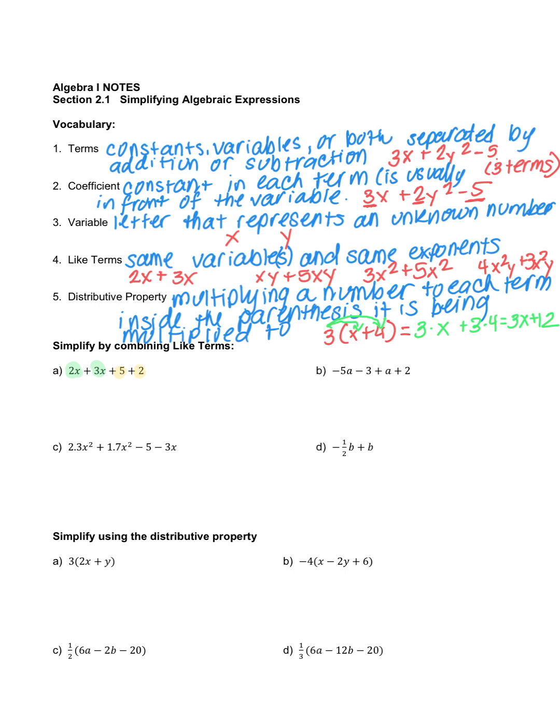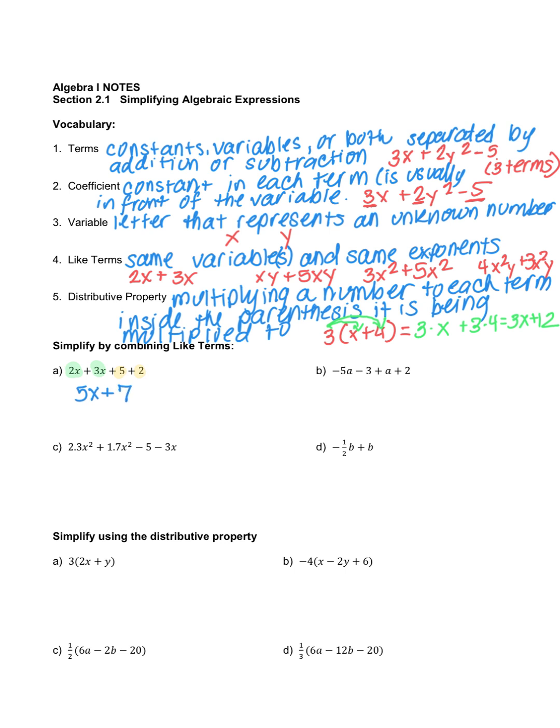So we're going to combine like terms. 2x plus 3x, we just add the 2 plus 3 is 5, and we bring down that x, and we bring down that plus sign. 5 plus 2 is 7, so we have 5x plus 7.